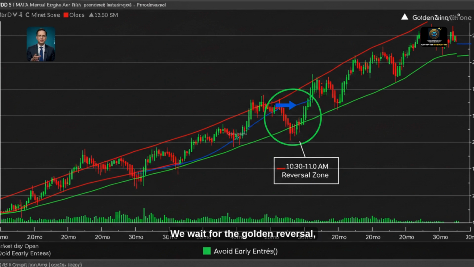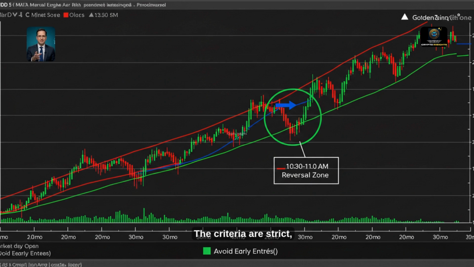We wait for the golden reversal period between 10:30 a.m. and 11 a.m. Eastern Time. On the 5-minute chart, we see AMD find a low around this time, form a base, and then break out of its consolidation. It then makes a series of higher lows, confirming the intraday trend has reversed. This V-shaped recovery is a high probability, perfectly timed long entry.